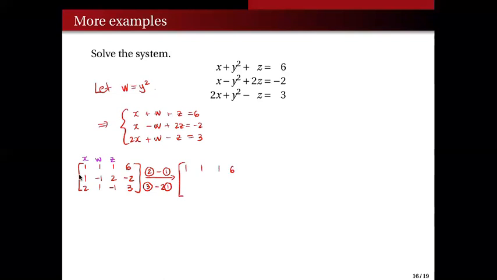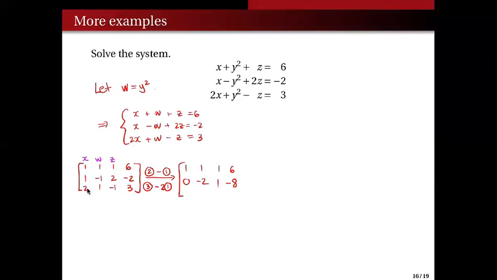For row 2, we have row 2 minus row 1. So 1 minus 1, that's 0. Negative 1 minus 1, that's negative 2. 2 minus 1, that's 1. Negative 2 minus 6, that's negative 8.